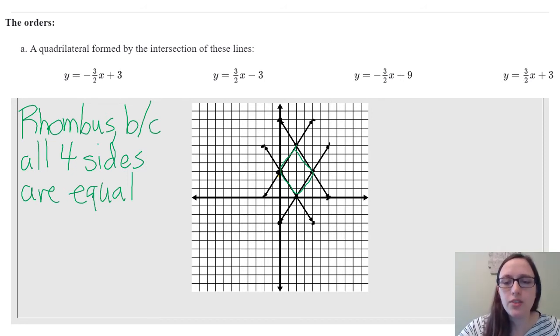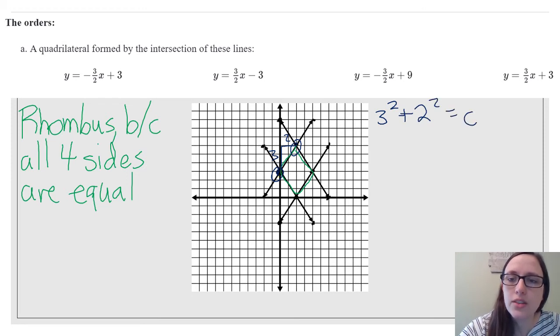The shortcut to do this is to count the slope. From this point to this point, we go up 3 and over 2. To find the hypotenuse, we would just do 3 squared plus 2 squared equals c squared. For the next side, we would do the same thing. We're going over 2 and down 3, so we would still be doing 2 squared plus 3 squared to get c squared.